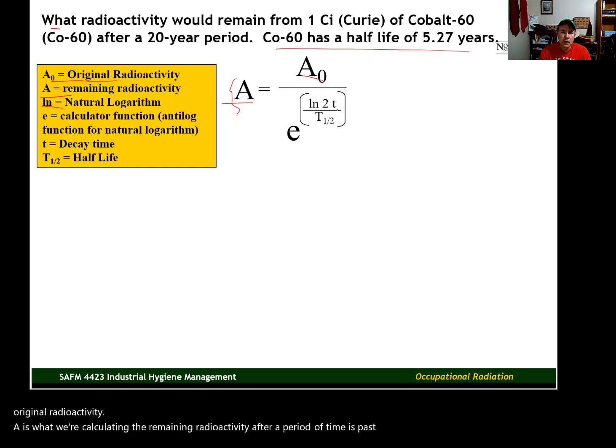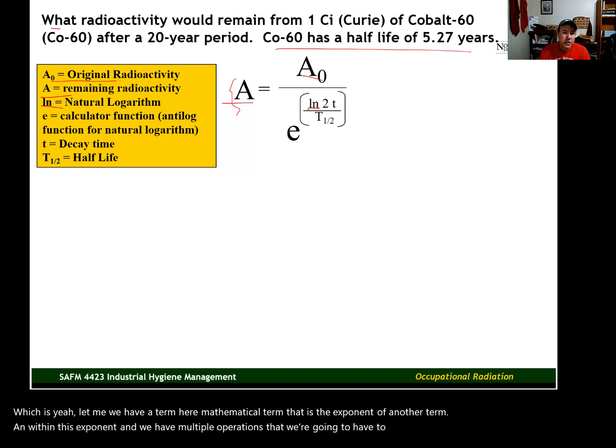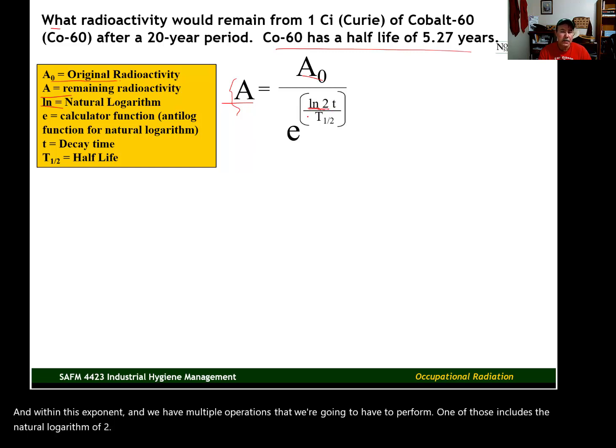Ln, which is... we have a mathematical term here that is the exponent of another term. Within this exponent, we have multiple operations that we're going to have to perform. One of those includes the natural logarithm of 2. 2 is a constant.